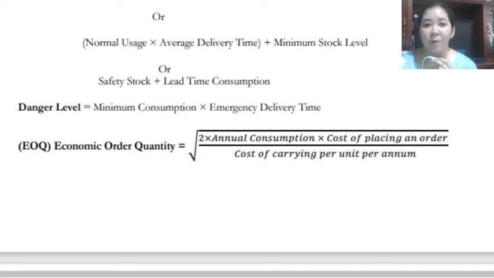So at EOQ level, the entity can minimize their transportation cost and storage cost, because in inventory there are a lot of costs that you will incur.